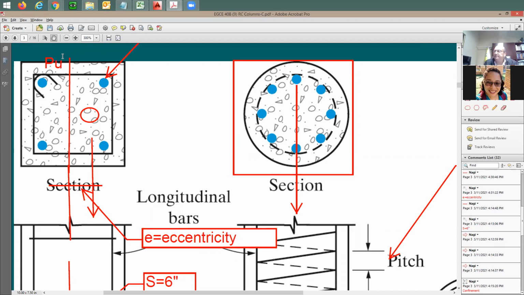The axial load is the factored load. It includes 1.2 dead plus 1.6 live, or 1.4 times dead. At the same time with this Pu, I'm going to have also Mu, which is equal to Pu times e, the eccentricity. This little bit of eccentricity I need to consider, and it's going to give me additional moment on the column.